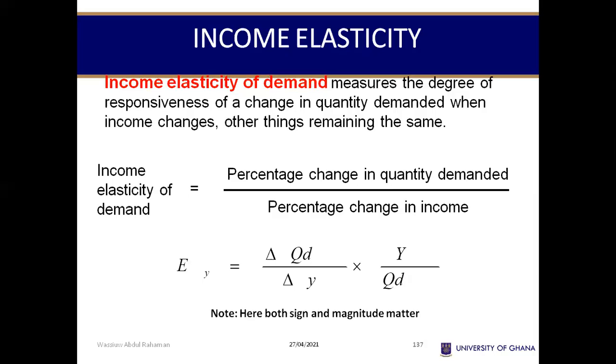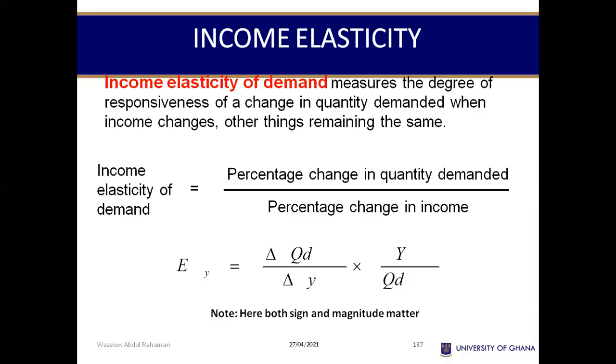Now, if you find that income elasticity of demand is positive, then the commodity in question is said to be a normal good. But if it is negative, then it is an inferior good. If you calculate it and you get a negative, then the commodity in question is an inferior good.